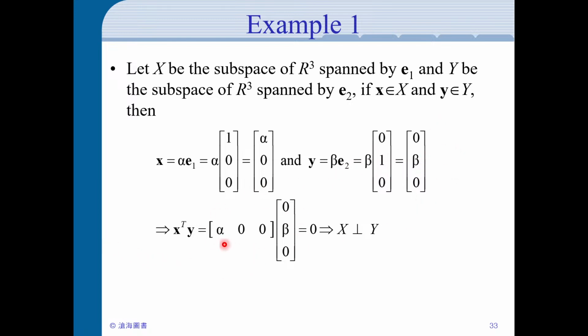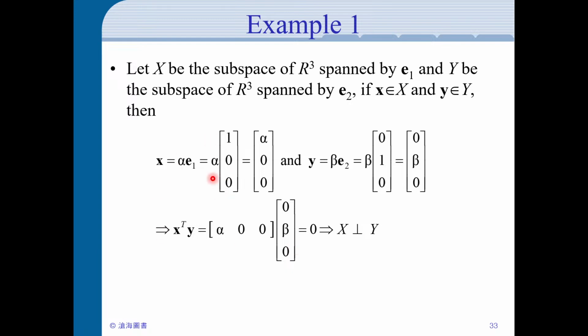And you can easily check that when you take an inner product, it's 0. So everything is orthogonal, and so those two spaces are orthogonal. You can think that even if Y is spanned by E2, E3, they're also orthogonal, right? So you have a beta here and a gamma here. So alpha, 0, 0 is orthogonal to 0, beta, gamma. And that's really the idea of orthogonal spaces.